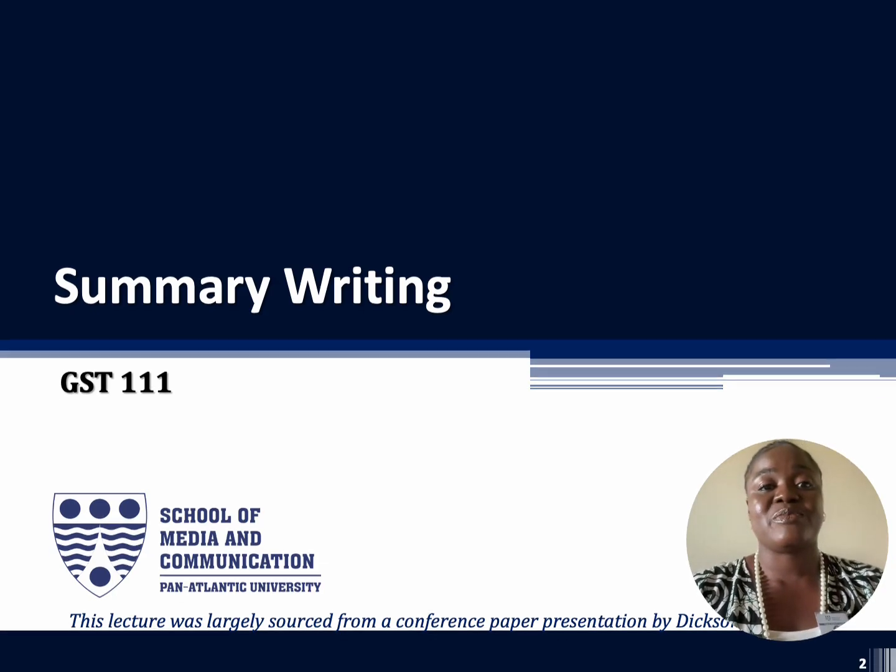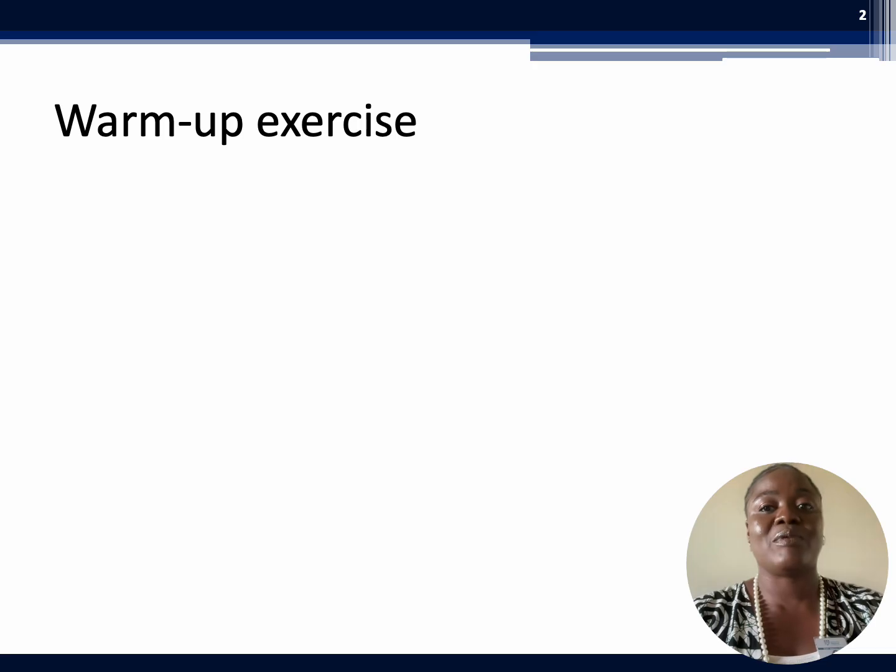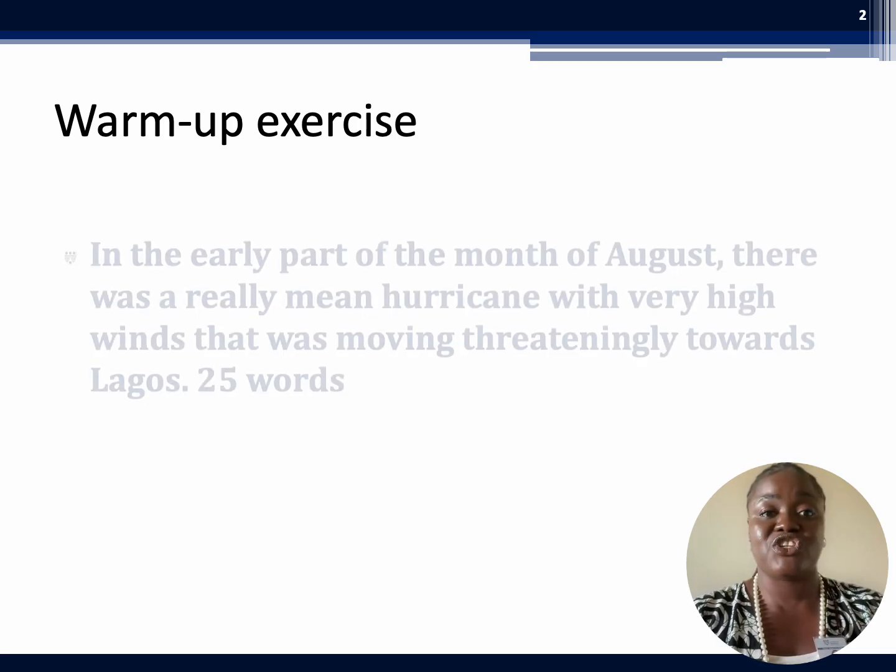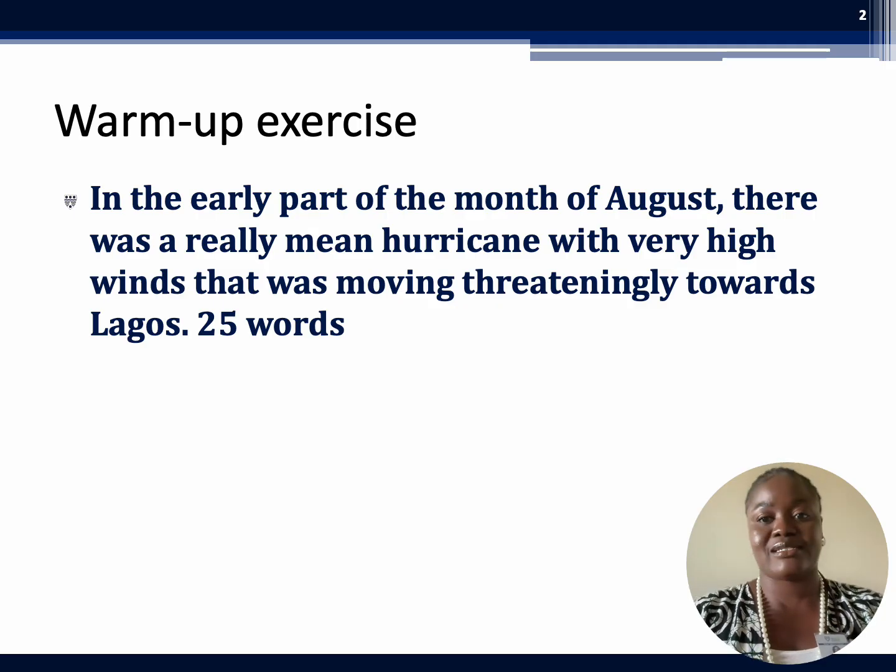Now, there's going to be a warm-up exercise, and you're going to pause this video and do this exercise. It's meant to engage you in the core challenge of summary writing. And what's it? You have to try to preserve essential meaning while you're reducing the length.